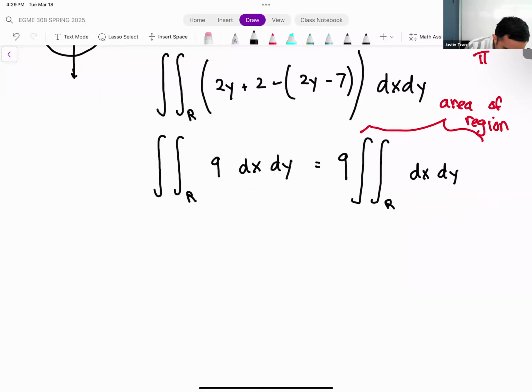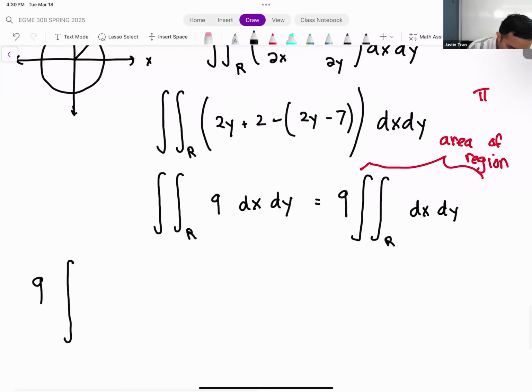So if we were to actually do this integration, our integration bounds would look like the following. Since we're doing the x integration first, we have to parameterize the circle in terms of x. Because we know the formula for the circle is x squared plus y squared is equal to 1. If we solve this for x, then we get x is equal to the square root of 1 minus y squared.